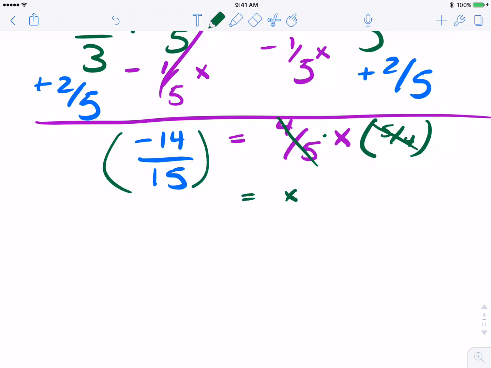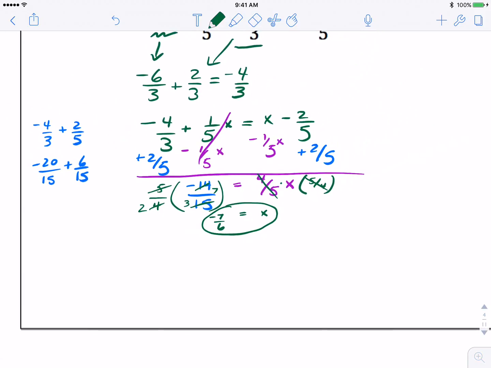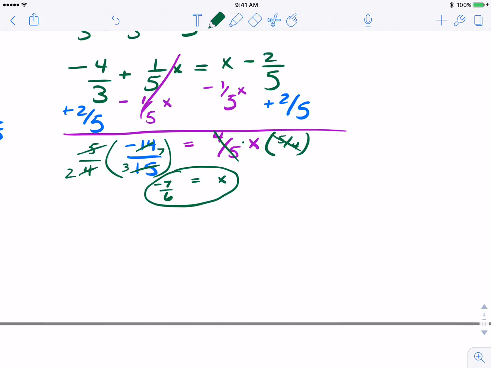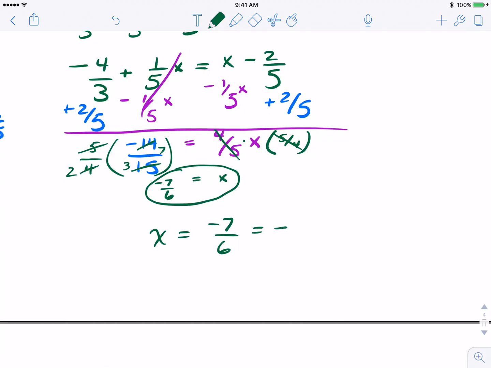But now doing the same thing on the left, I do get some nice cancellations here. 5 goes into 15 3 times. 4 and 14 have a GCF of 2, so I can divide that out. And I'm going to be left with negative 7 over 6. And that will give me my answer. Now to zoom out a little bit, I can rewrite this if I want, negative 7 over 6, or negative 1 and 1/6.